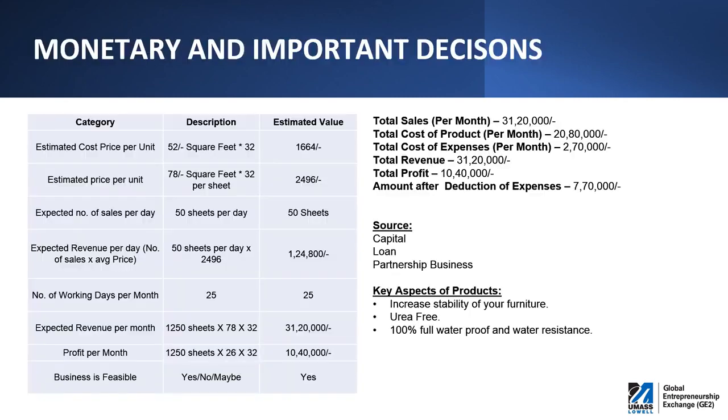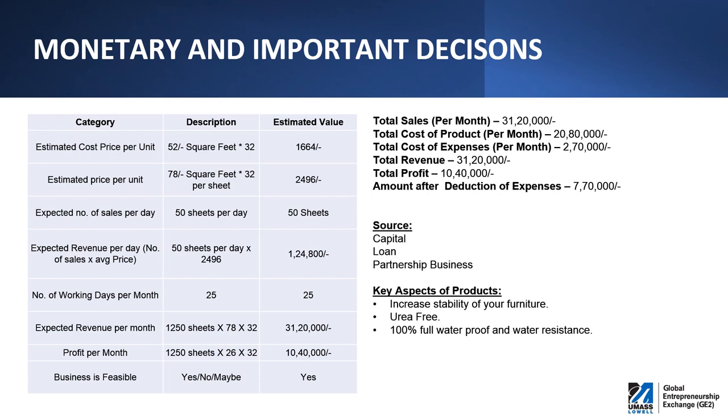This is generally the whole costing: the cost price per unit is 52 rupees, the estimated price per unit will be 78 after all the expenses. If we sell at 56, the profit per month will be 10 lakh 40,000 Indian rupees. Total sales per month will be 31 lakh 20, total cost 20 lakh 80, and total profit 10 lakh 40,000.